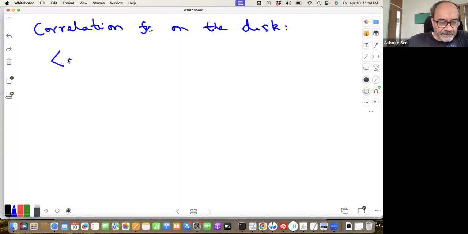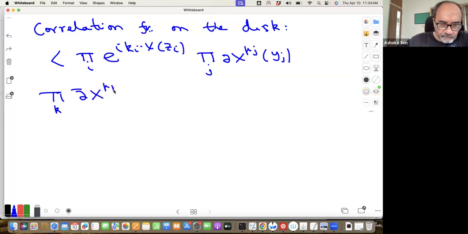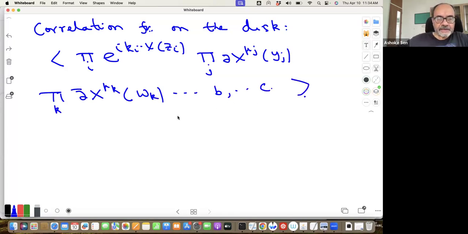Okay. So if we have a correlation function of this kind, etc., then the B's and the C's, etc. Then one way to simplify this correlation function is to map it to a correlation function on the disk, or on a sphere.